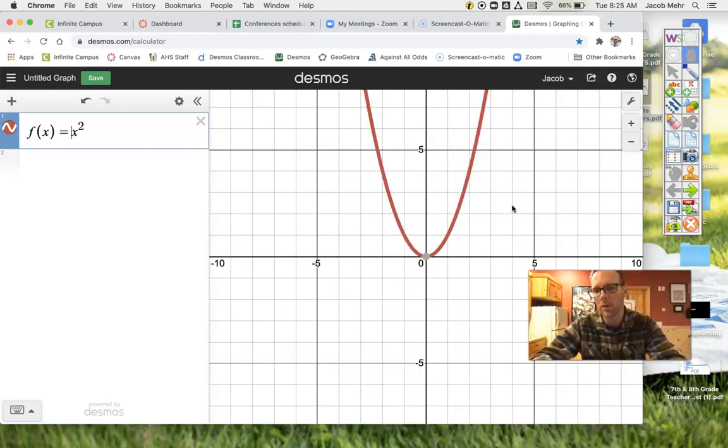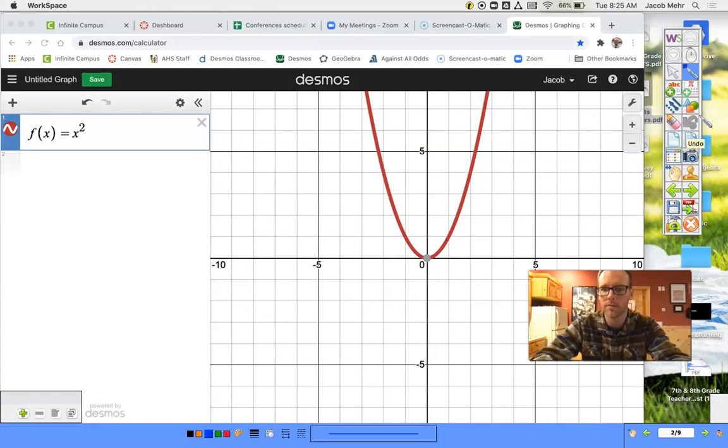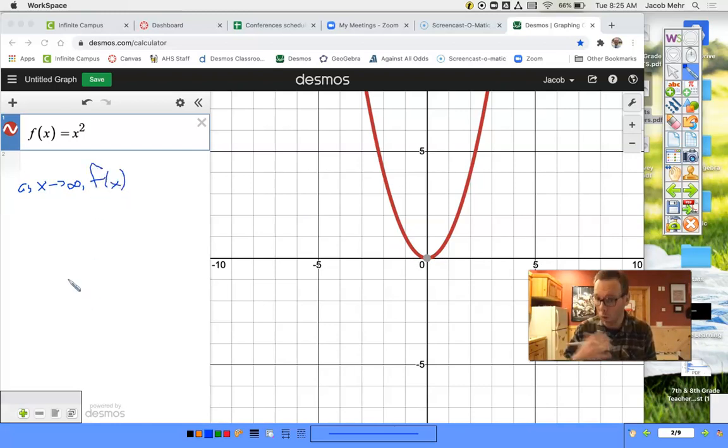Okay. Now, how would I write that they're both going up? Let me just do this. The end behavior for this one, I would say as x goes to infinity, that's to the right, f of x, which is y, goes to positive infinity.